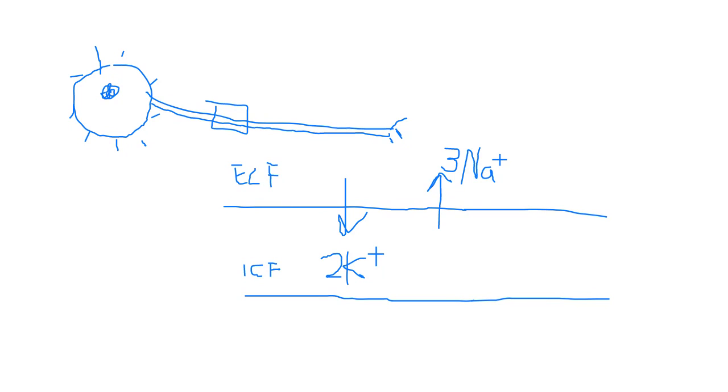Knowing this, we can see that there are more positives leaving, 3, than entering, 2. So more positive charges are in the extracellular fluid, while the intracellular fluid has more negative charges.